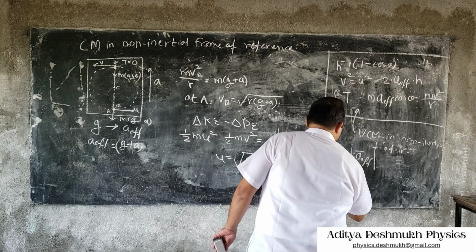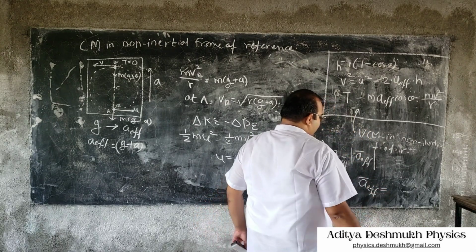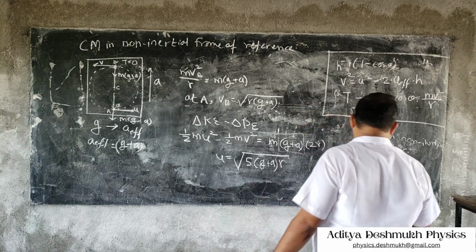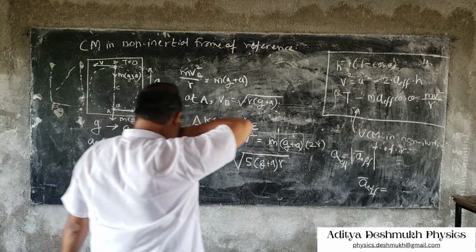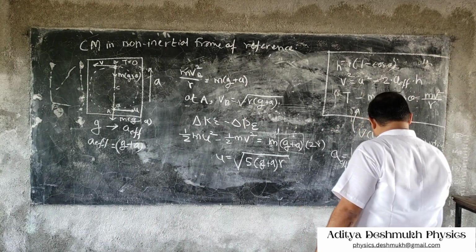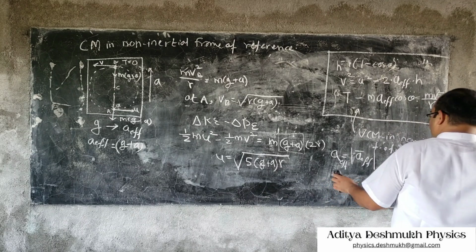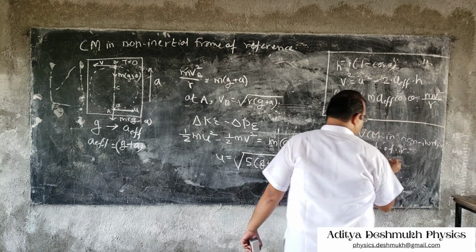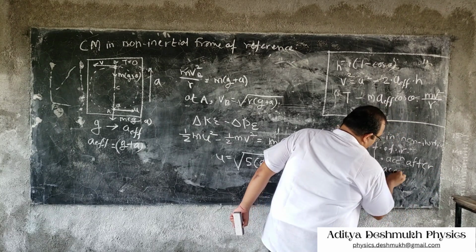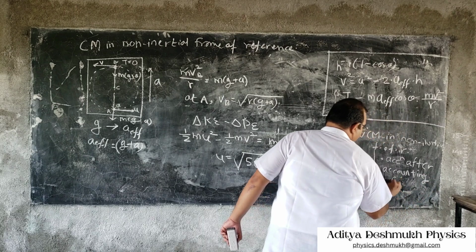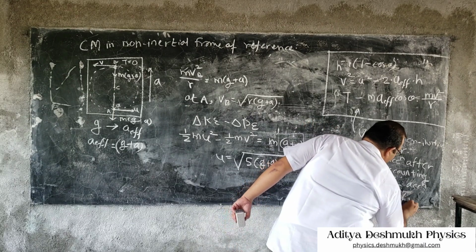A effective is the magnitude of the effective acceleration vector, and the effective acceleration vector is the acceleration after accounting for the acceleration of the frame of reference.